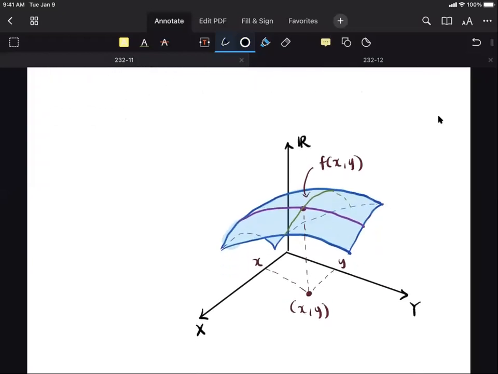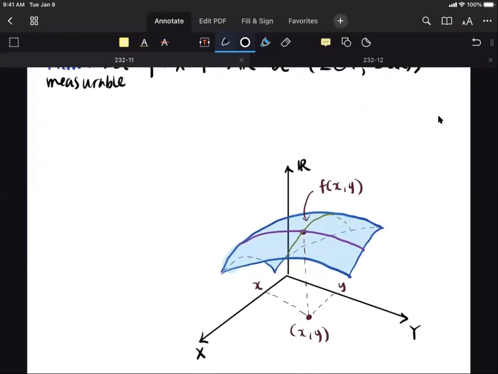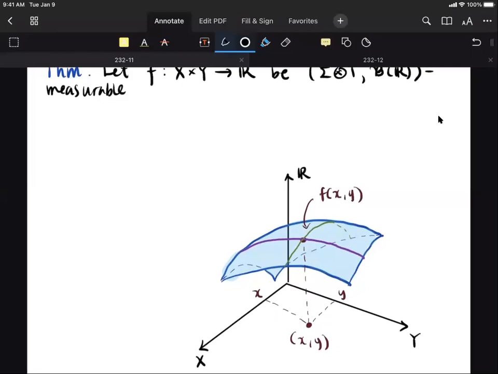As an illustration, think of the three-dimensional plane where here you have your x-axis and here you have the y-axis. For each ordered pair in X cross Y, we have the following trace maps.